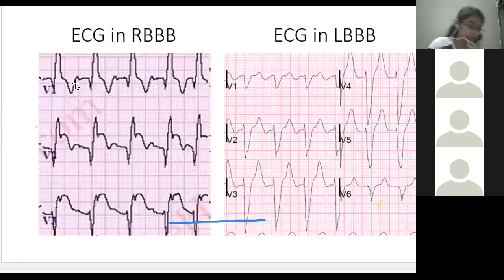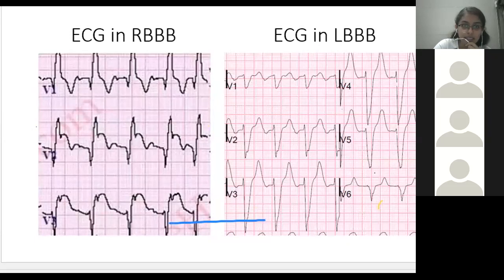Now, the other thing that ECG helps us to see is right bundle branch block and left bundle branch block. What you see in right bundle branch block is that there will be an M shape.